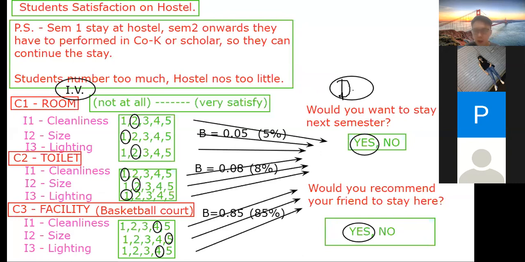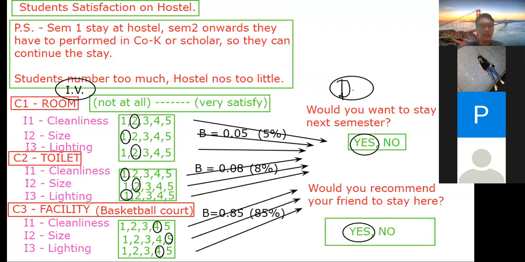To identify factors that influence the decision to stay in hostel. To identify factors that contribute to student satisfaction in hostel. To figure out the satisfaction level of the students. Yes, you're right. Everyone got it right.